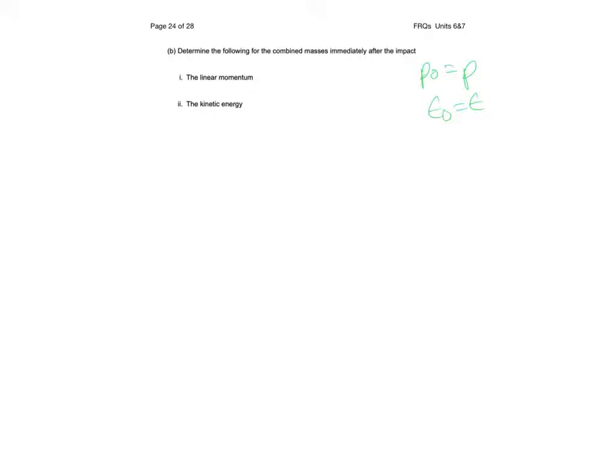Immediately after the impact, the momentum is 0.60 kilogram meters per second. That's because of the law of conservation of momentum. Then we could do a calculation around this. P0 equals P. We know we have 0.60 before.